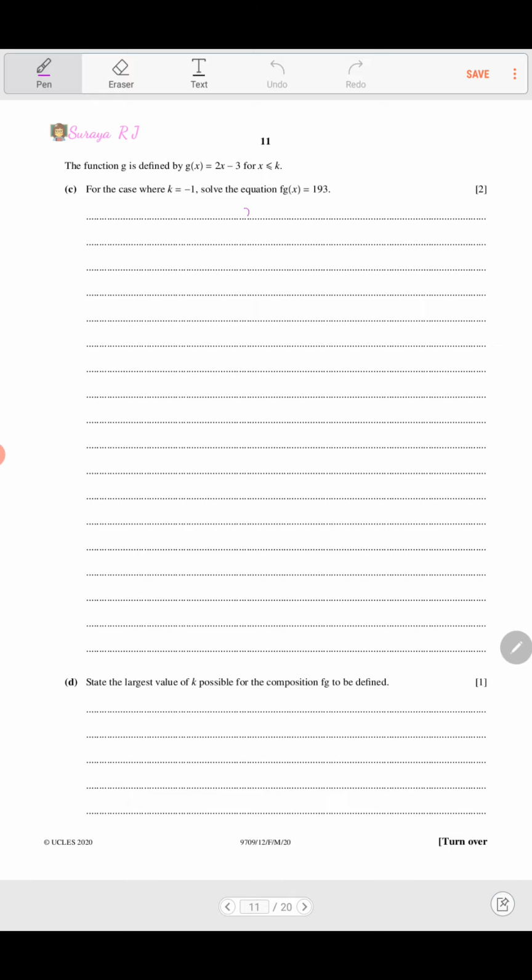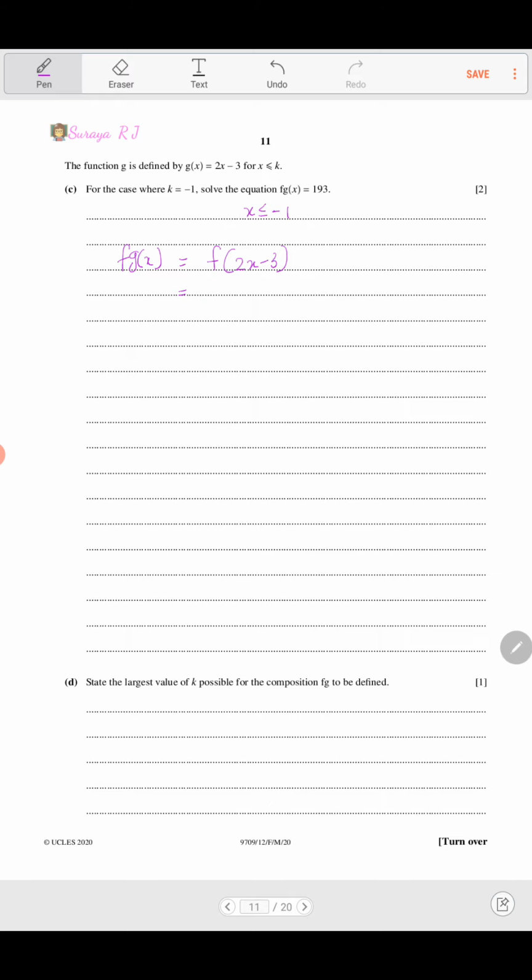So here we have x less or equal to minus 1, because we are considering the case where k is equal to minus 1. So fg of x, this is a composite function. We have f of g of x, that is, we replace g of x by 2x minus 3, and then in the function f, we replace x by 2x minus 3.